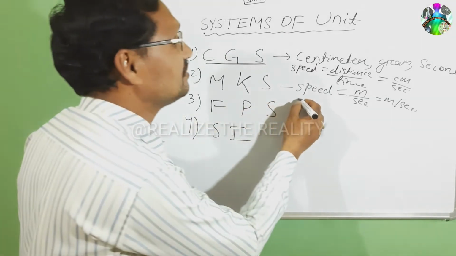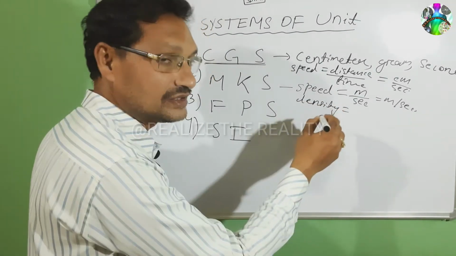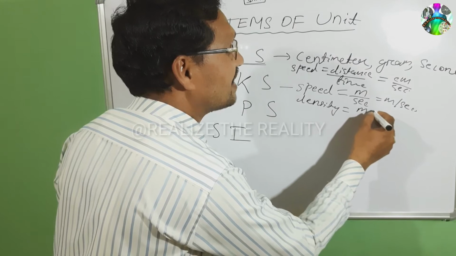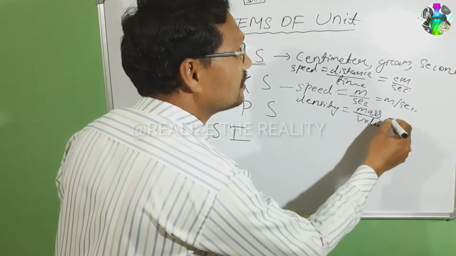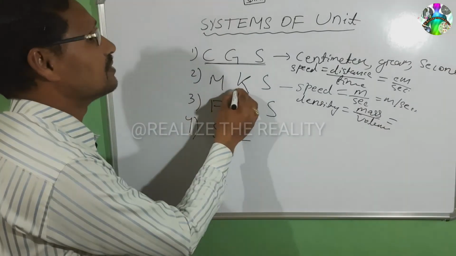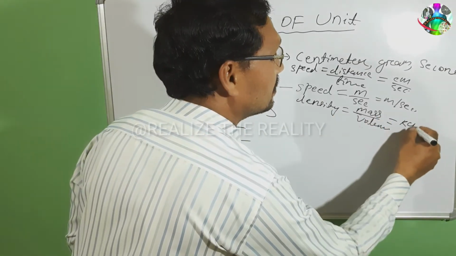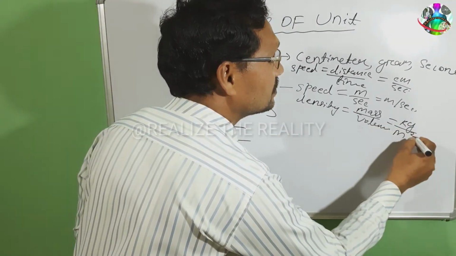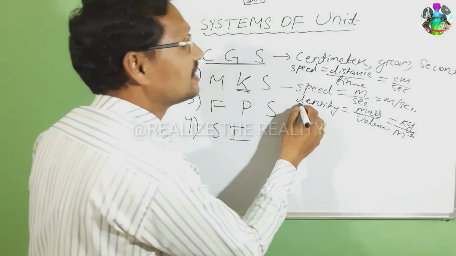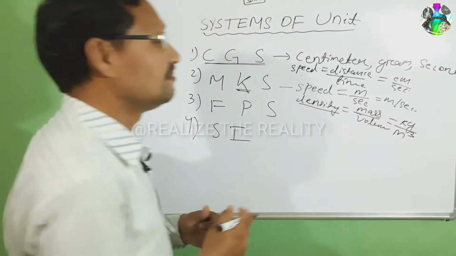Suppose you take the example of density. Children, you must know the density formula. Density equals mass per unit volume. Here mass is expressed in kilogram, K stands for kilogram, kg. For volume, it is meter cube. So now you can see, children, density expressed in the MKS system will be kg per meter cube.